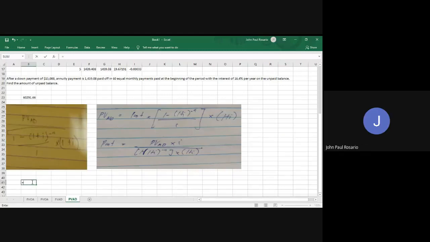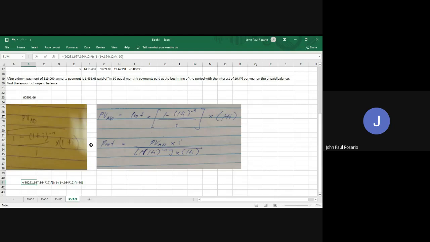Okay, so let's try to solve it. Our PVAD is 60, 291.66 times 0.164 over 12 monthly. Then we divide by 1 minus (1 plus 0.164 over 12) raised to the power of negative 60.